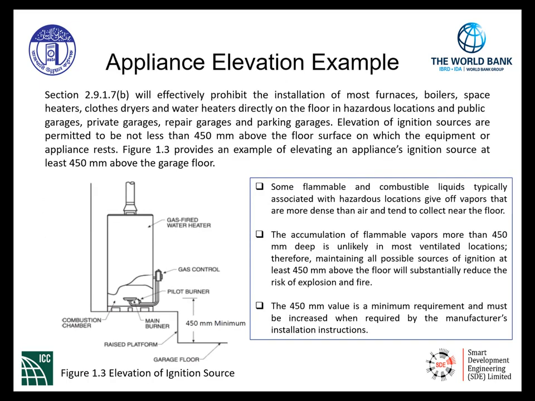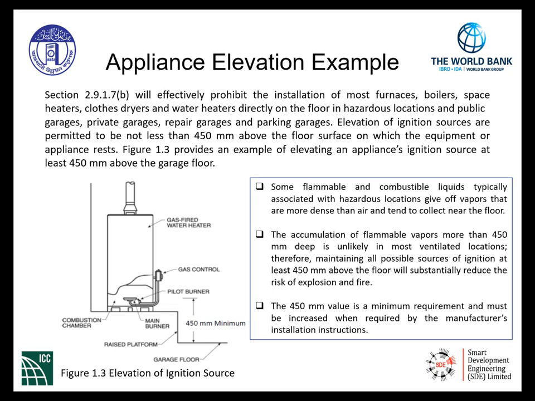As an example, the elevation of an appliance in a garage is indicated in figure 1.3. This provides an example of elevating an appliance's ignition source at least 450 millimeters above the garage floor.